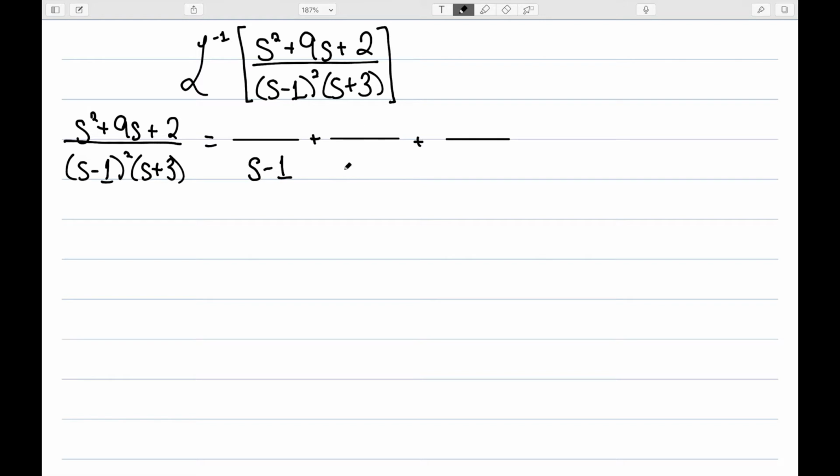The next term on the right-hand side will be that term squared, so s minus 1 squared. If this was cubed, I would then have an s minus 1 cubed, so I progressively get higher and higher powers of that term until I get to the actual power I had in the problem. And then for this particular problem, I'll have an s plus 3. And my numerators, A, B, C.